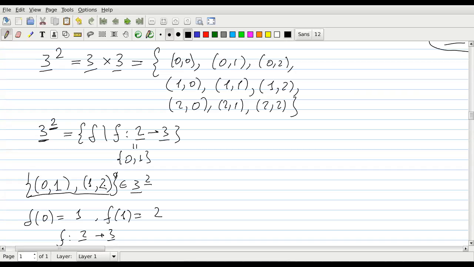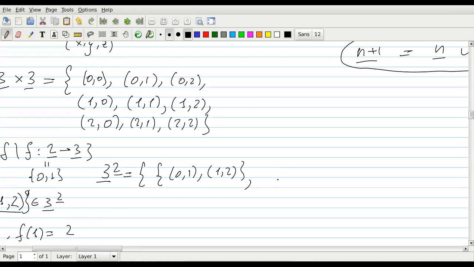Yes. And now let's list all these functions. So the first one is this one. What else? It should be a set of pairs.